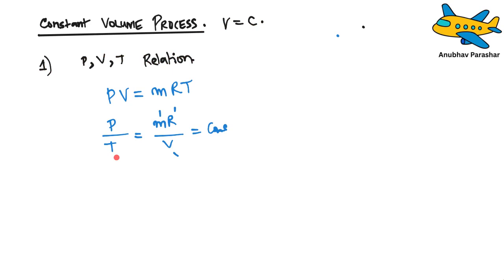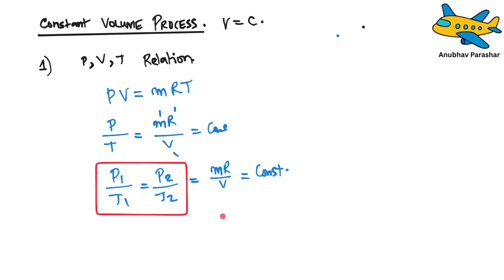So the ratio of pressure and temperature will remain constant: P1 by T1, if you change the pressure, P2 by T2, will always be equal to mR by V, which is constant. So the correct PVT relation is P1 by T1 is equal to P2 by T2.